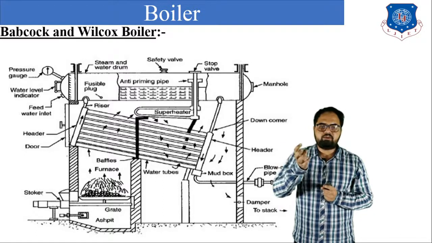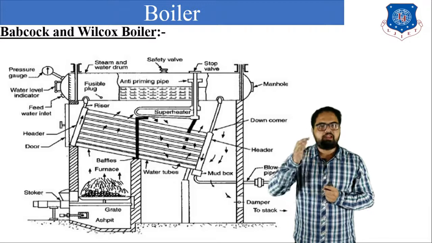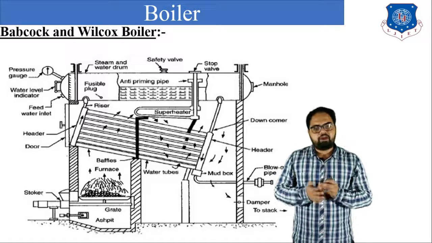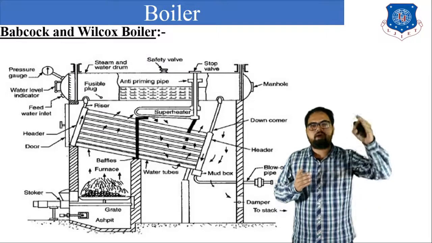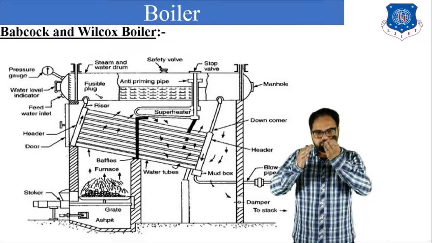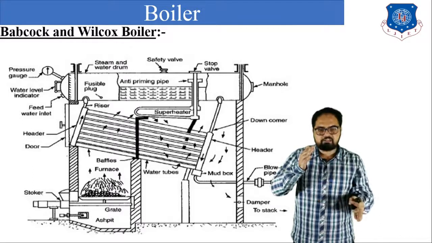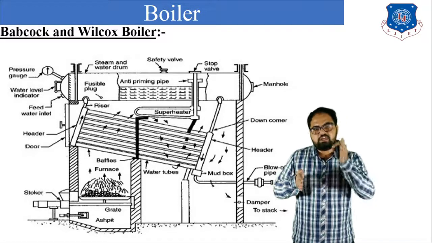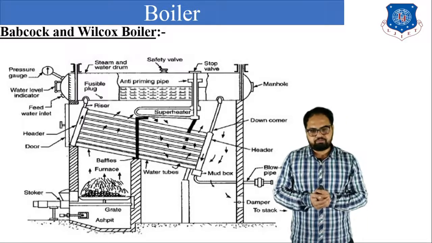That heat is received by the water inside the tube, and conversion of water into steam takes place. Due to low density, all the steam particles are collected at the top of the drum, and the water again enters the water tubes in the downward direction, and this is the natural flow of water.